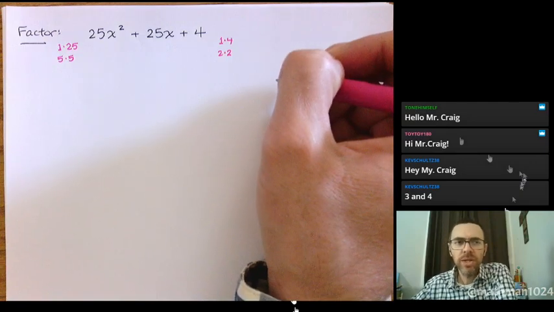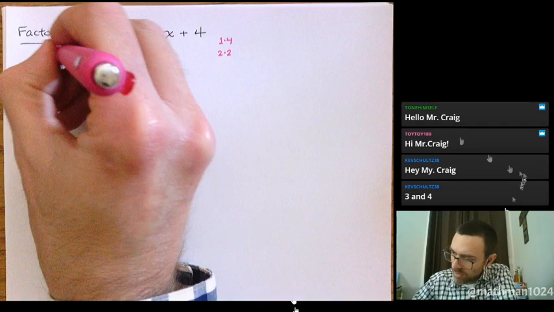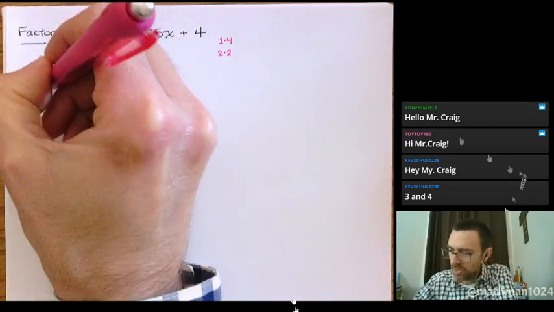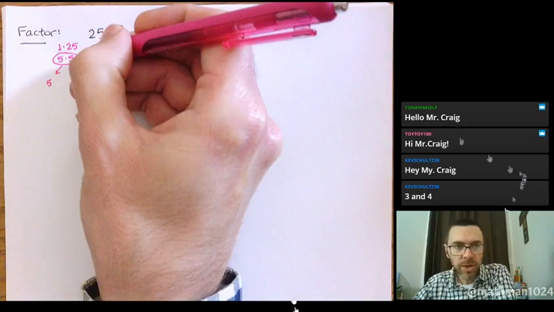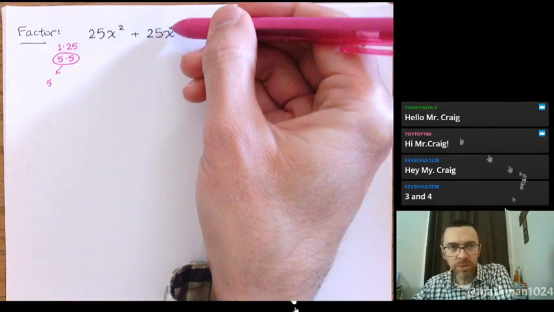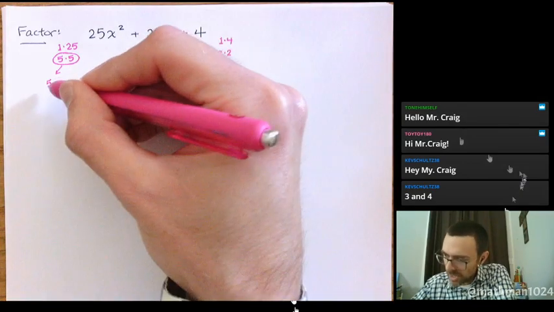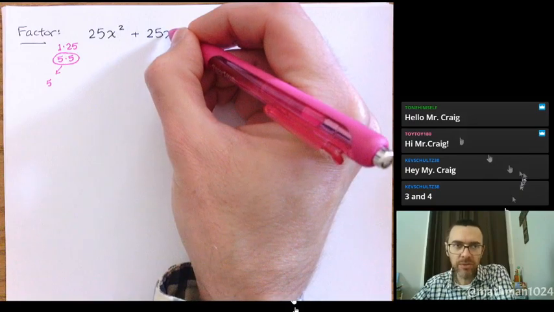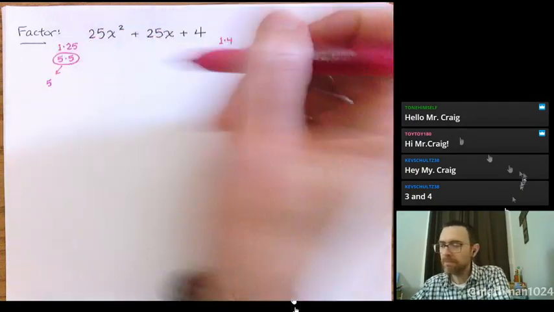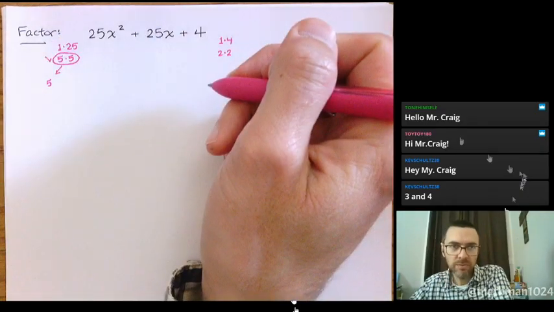So, we're trying to find factor pairs that have a common factor. 5 and 5 right here have a common factor of 5, which means if I were to break down 25 using 5 and 5, I'd get a multiple of 5 for the middle coefficient, which I do. So since this guy goes into 25 evenly, in other words, 25 is a multiple of this common factor, then I should probably use that guy whenever I factor.